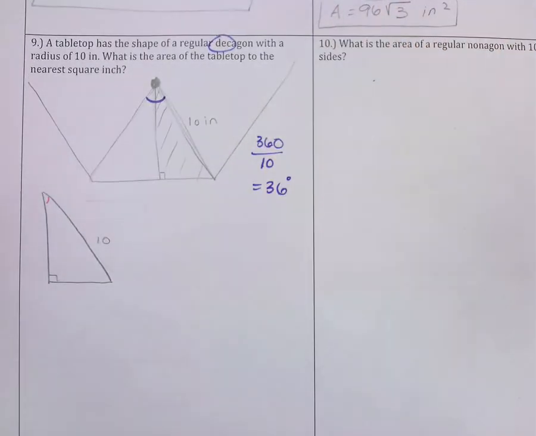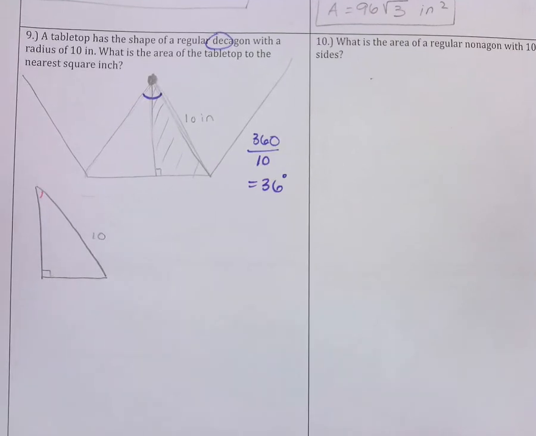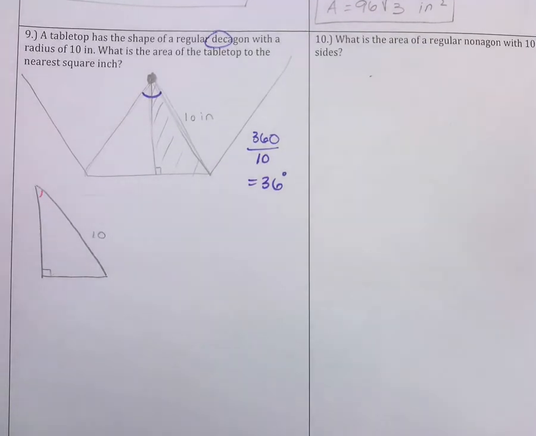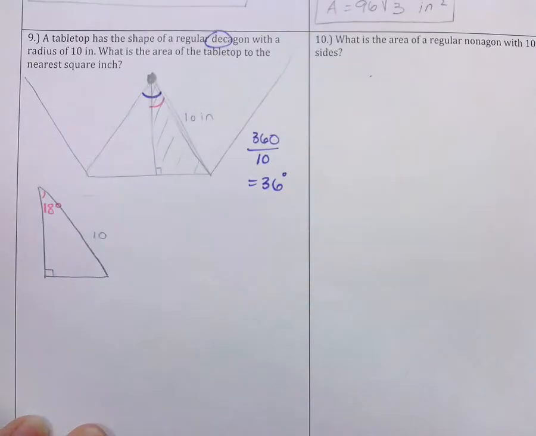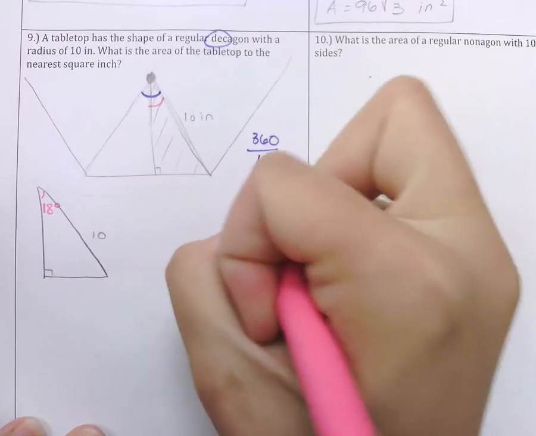That's 36. No calculator; you have to guesstimate. After you find 36, you take half of that, and that's 18. That's what's going to go in here.